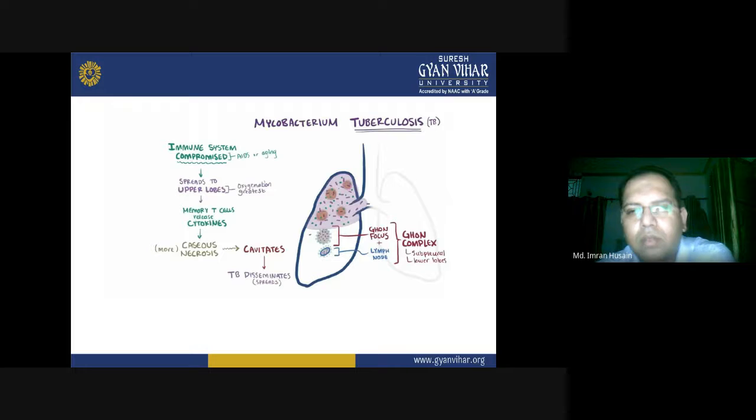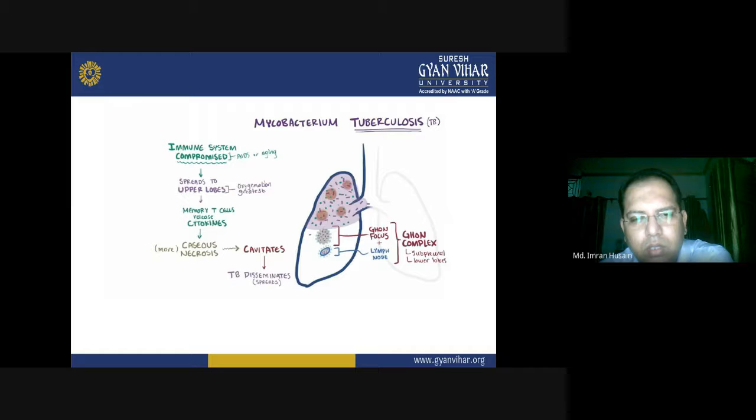So, Mycobacterium tuberculosis in an immune-compromised individual, with AIDS or aging, spreads into the upper lobes. Oxygenation is the greatest advantage that it exploits. Memory T cells release cytokines to protect themselves.